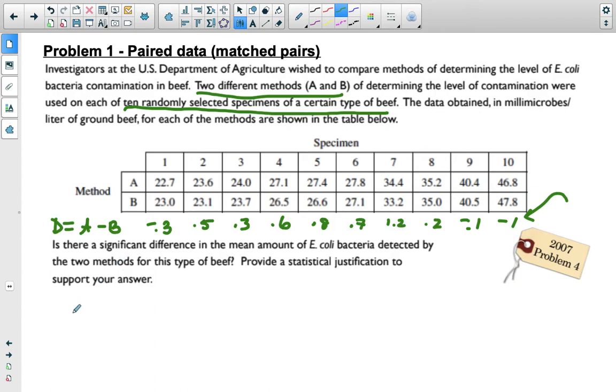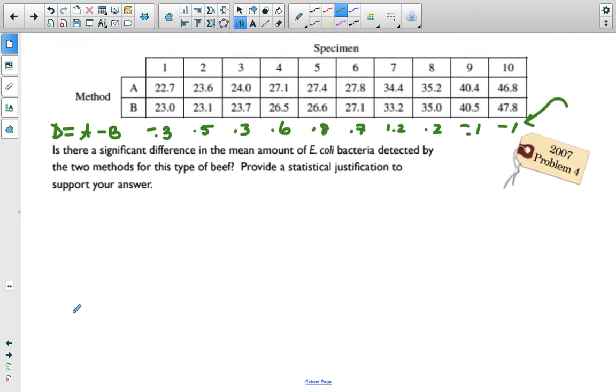Okay, so what are our hypotheses? In order to write your hypotheses, you've got to know what your parameter of interest is. Your parameter of interest here is the average difference you see. So it's the average of this little row, mu with the little subscript d.